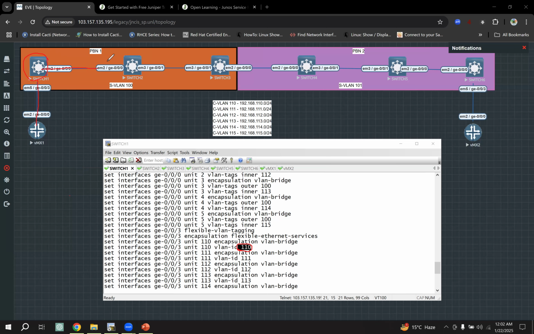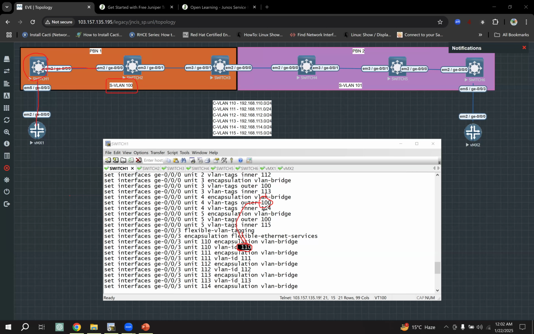This device only understands VLAN ID 100. So in that case, I asked Switch 1, if you get VLAN ID 110 as the inner VLAN, please convert it to 100 as the outer VLAN.